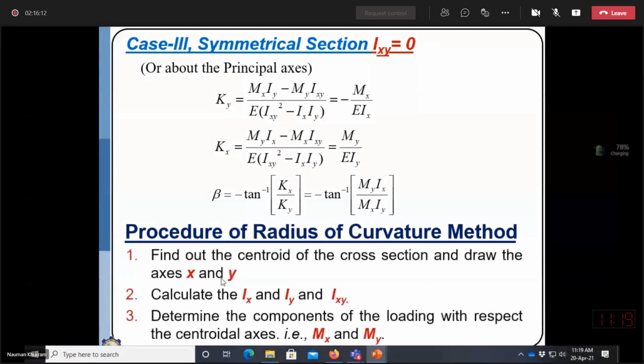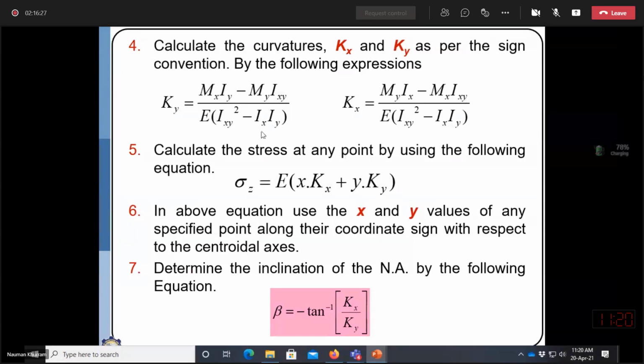Then we will determine the moments of inertia about the centroidal axis, and then we will determine the moments about the centroidal axis, Mx and My. Then we will determine curvature kx and ky by using these two expressions.